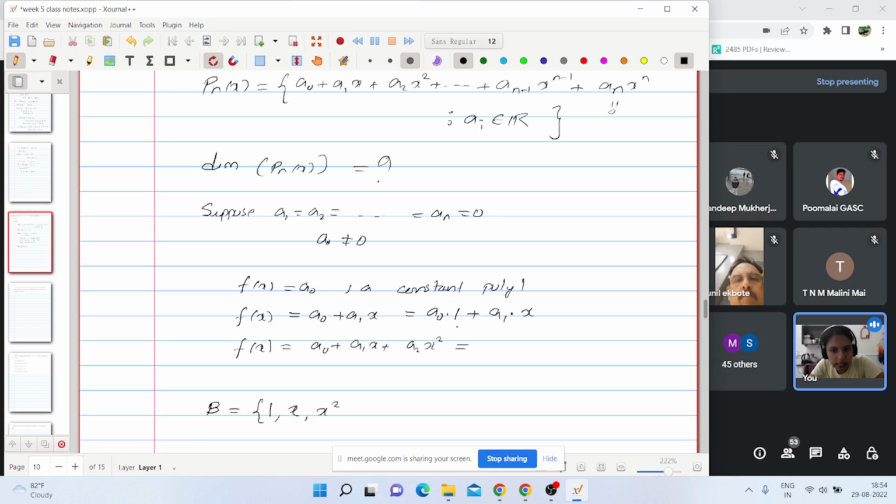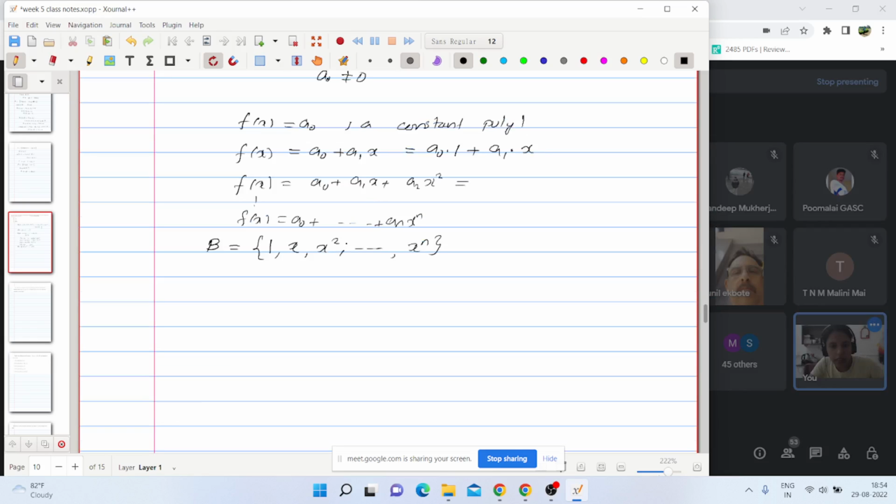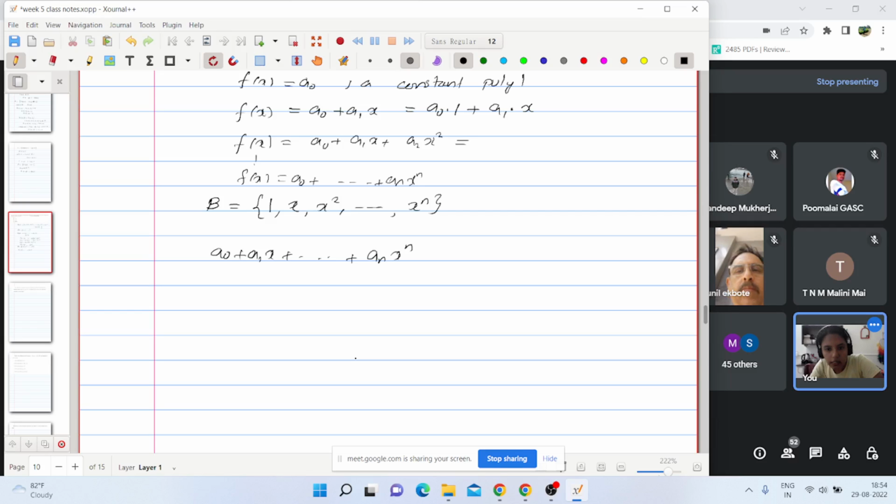So if we take 1, x, x square, etc., x power n, any polynomial a0 plus a1x plus etc. an x power n is generated by them, because I can write it as a0 into 1 plus a1 into x plus etc. plus an into x power n. That is a linear combination of 1, x, etc., x power n. So we got span of B equals our Pn of x.